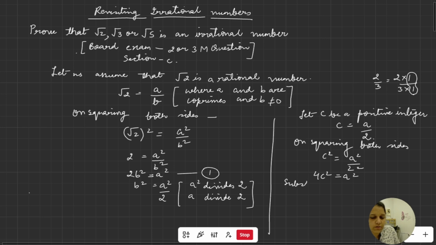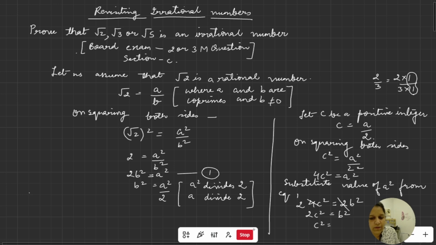Now substitute value of a square from equation 1. So it will become 4c square is equal to 2b square. 2 से 4 cancel हो जाएगा. So it will become 2c square is equal to b square.